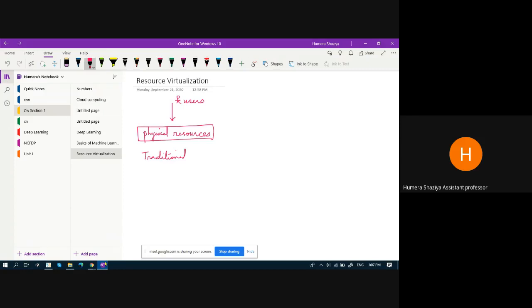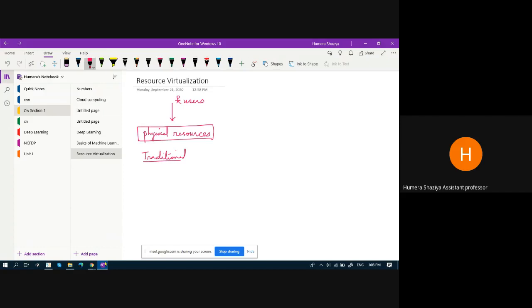For instance, my laptop, I am the only user of this laptop. Then the effective utilization of the resources may not happen in this type of environment because there is only one user using all the physical resources that are available in that particular system.